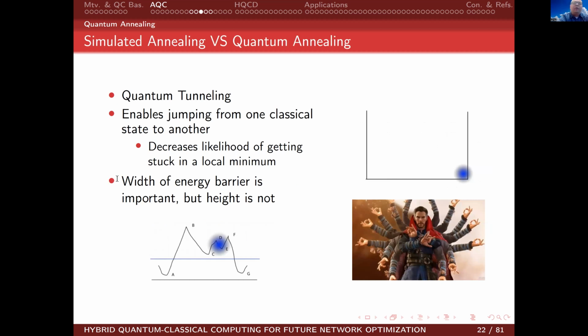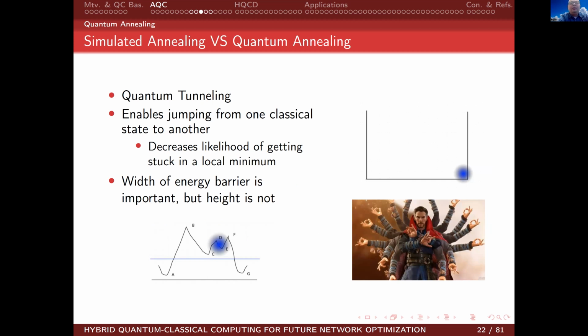So compared to the classical simulated annealing algorithm, because of the quantum dynamics, we have a superposition.